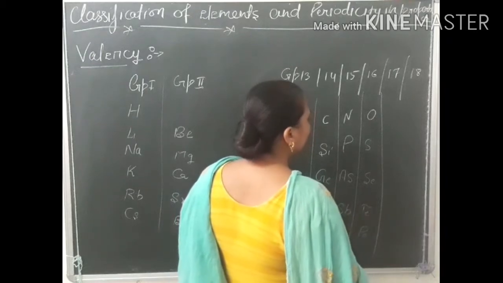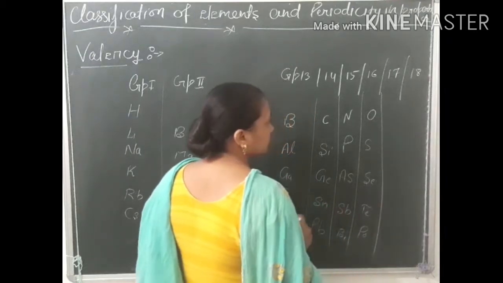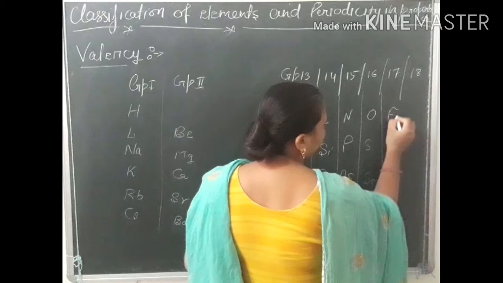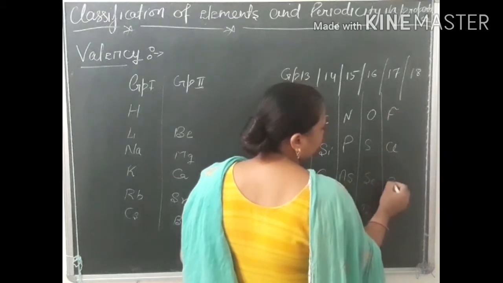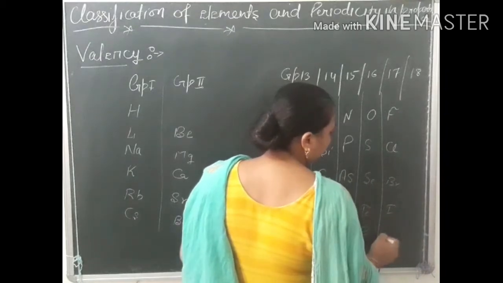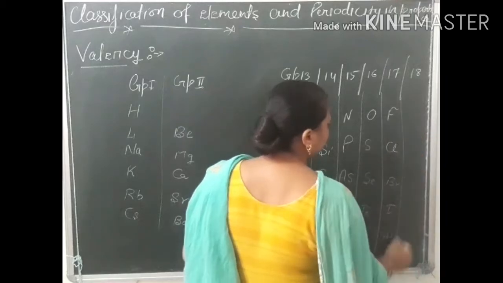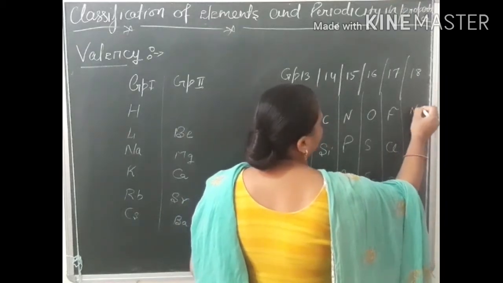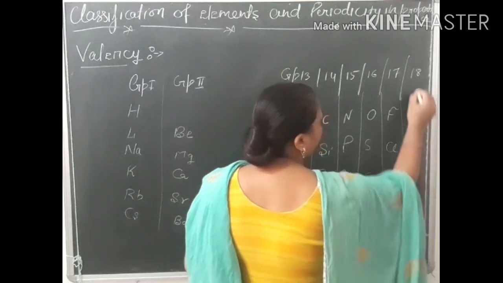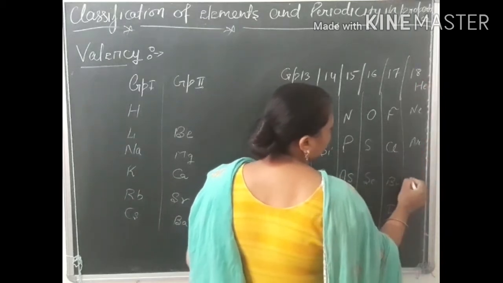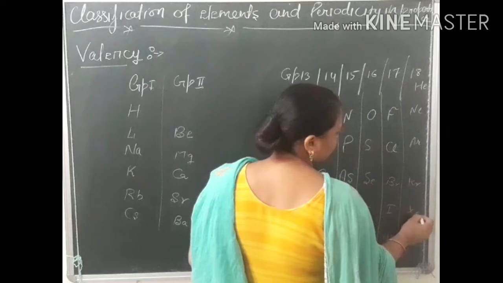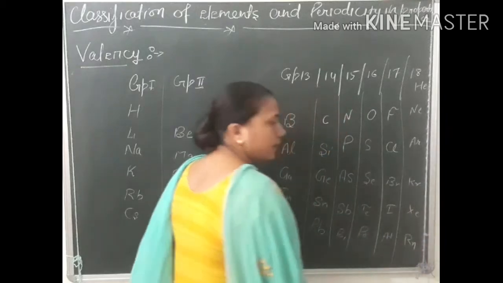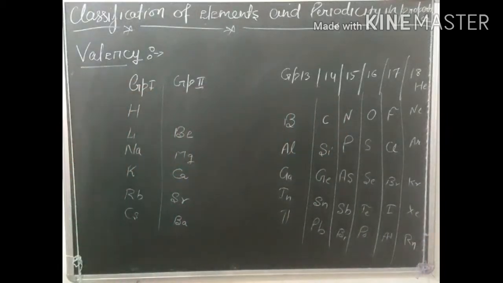In 17 group, fluorine, chlorine, bromine, iodine and astatine. Now here 18 group, neon, argon, krypton, xenon and radon.